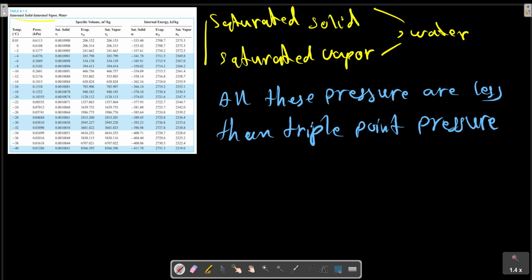The next two columns give the specific volume of the saturated solid and saturated vapor.